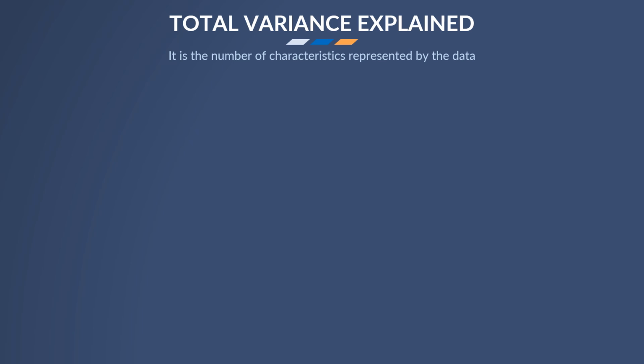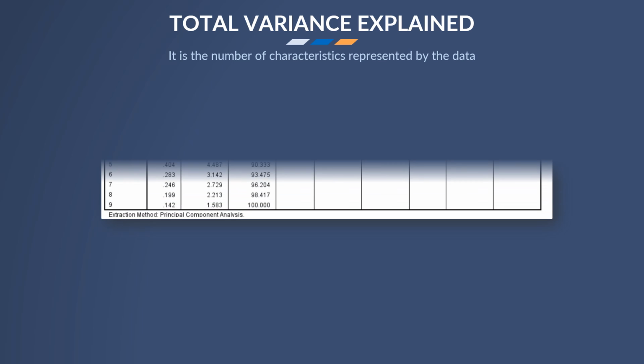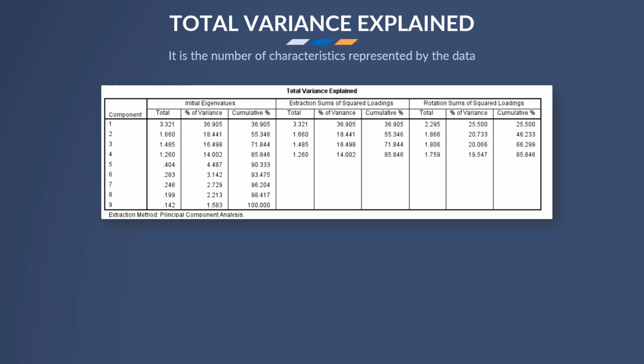The total variance explained table is the first among many tables that will reveal the number of components or dimensions in your data. This is the key to classifying the elements into identified components. It has 3 subtables, each with 3 columns. Now look only at the first table, which is the eigenvalues table, because it reveals the components and the values based on which they qualify as a component.